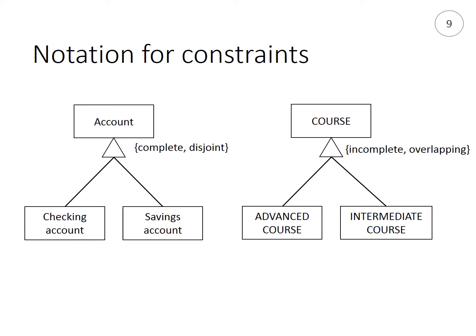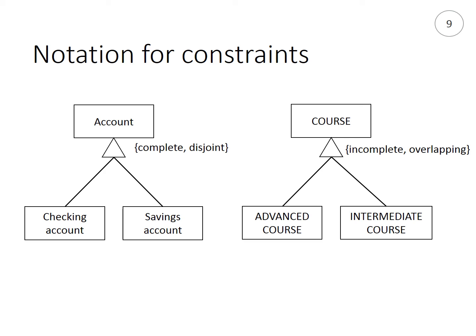The way to write this down is simply by including the words that indicate the correct constraint between brackets next to the triangle. So here we see that account has a complete and disjoint specialization into checking account and savings account. It means that every account is either a checking account or a savings account, and there is no account that can be checking account and savings account at the same time.